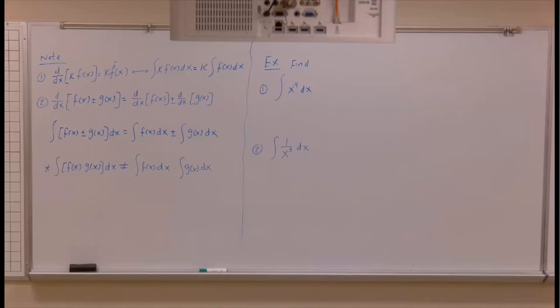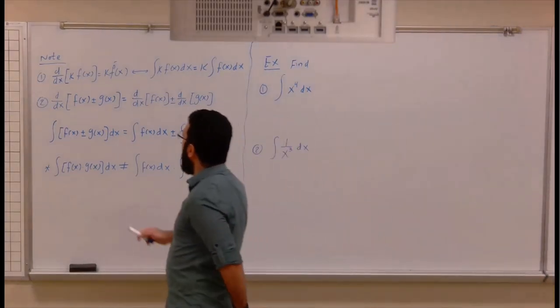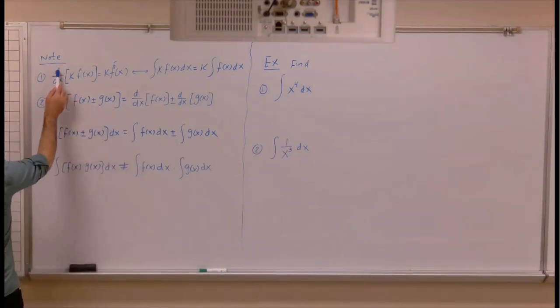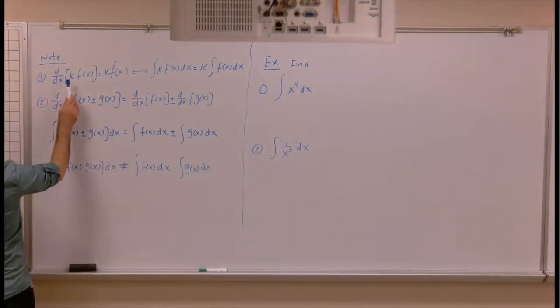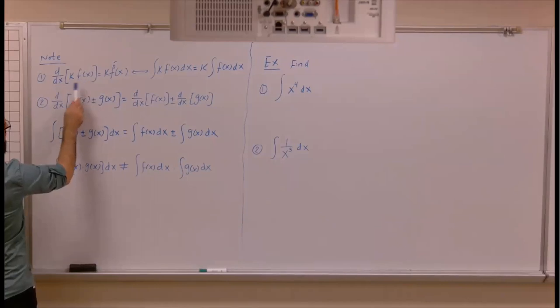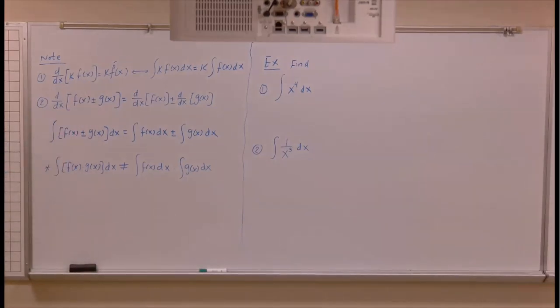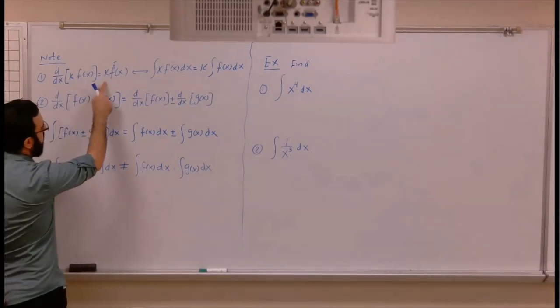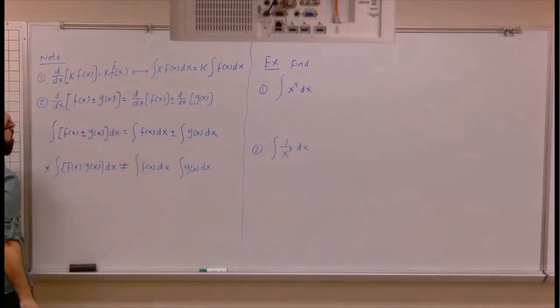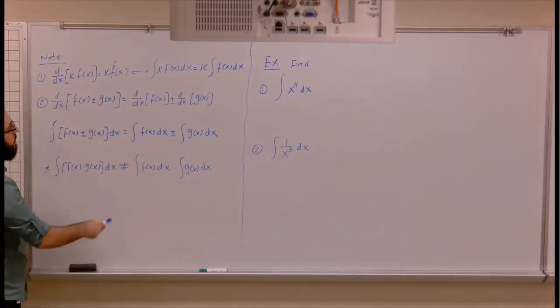So let's keep going. We have 2 notes. The derivative of a constant times a function: always, we're going to take the constant out and find the derivative for the function. It's going to be the same thing if we have an integral.